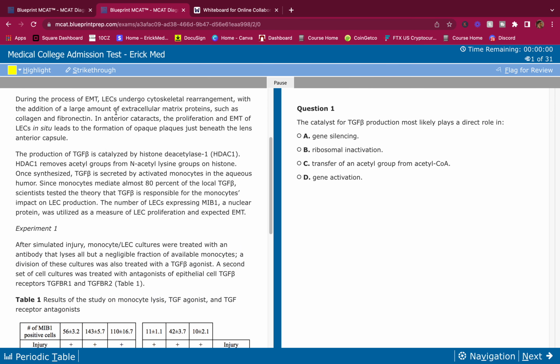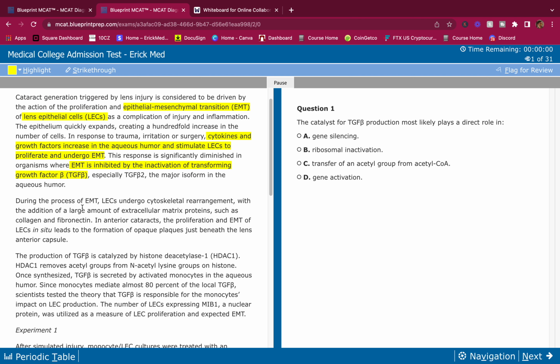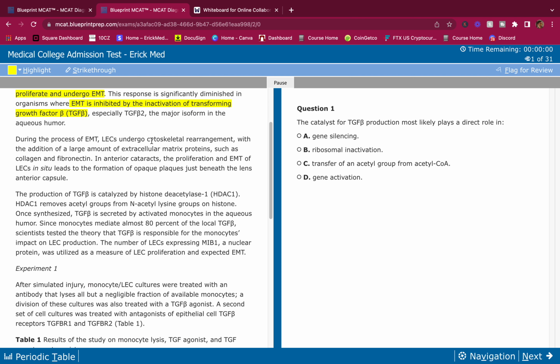During the process of EMT, so epithelial mesenchymal transition, LECs undergo cytoskeletal rearrangement. This is popping out at me, so I'll highlight it. With the addition of a large amount of extracellular matrix proteins such as collagen and fibronectin. Okay.